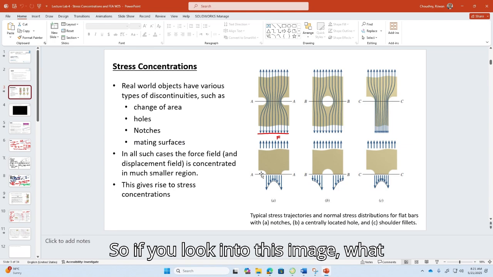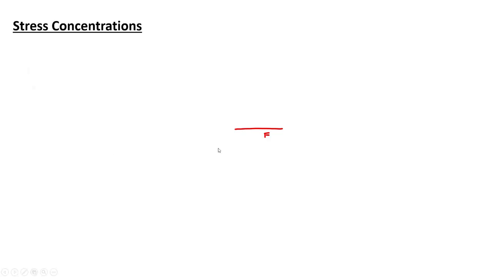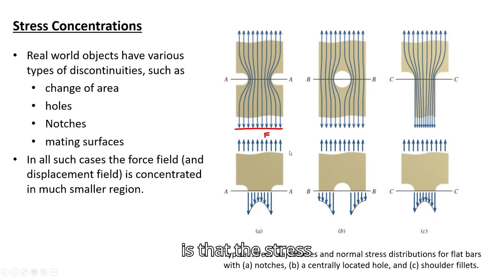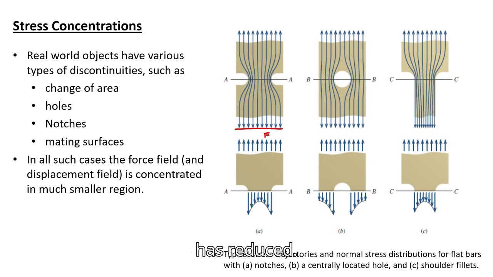So if you look into this image, what this image is showing you is that the stress field actually does not remain uniform. It was uniform over here in the gross area, but when it came near to this notch, right, the spacing between the lines has reduced.